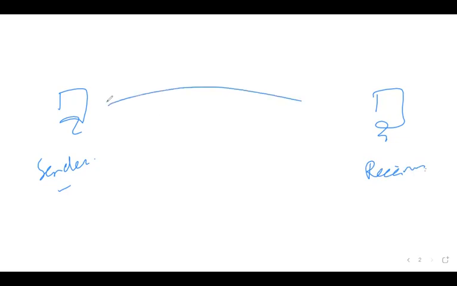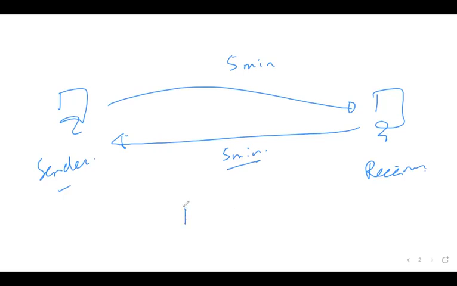For example, if we have a sender and a receiver in a network, and we send the data over here in 5 minutes, and then onward it moves back in 5 minutes. So the RTT over here, that is the round trip time, is 10 minutes. So in this situation, the time for expiry of a route should be at least more than this.